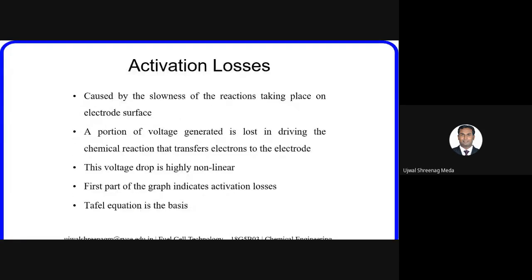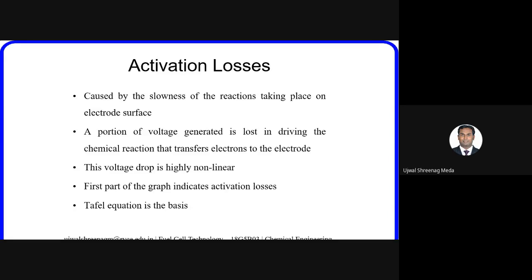When it comes to activation losses, at the electrode electrolyte interface, reactions will take place. Because of the rate at which these reactions take place, the voltage will vary.